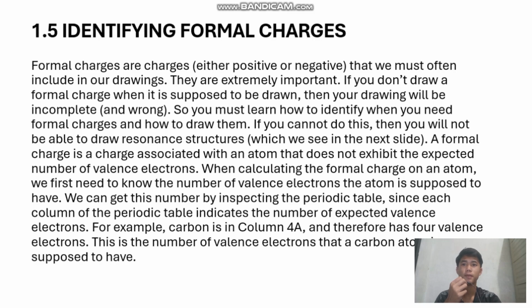We can get this number by inspecting the periodic table, since each column of the periodic table indicates the number of expected valence electrons. For example, carbon is in column 4A, and therefore carbon has 4 valence electrons.